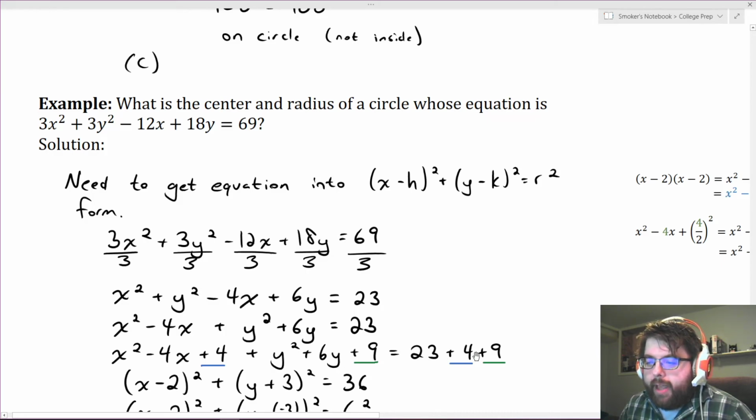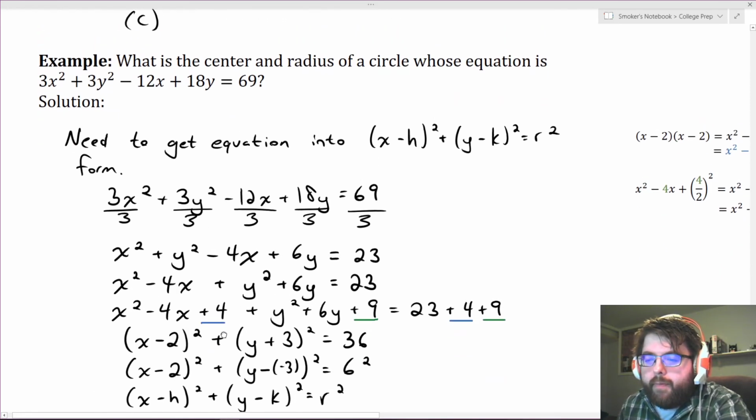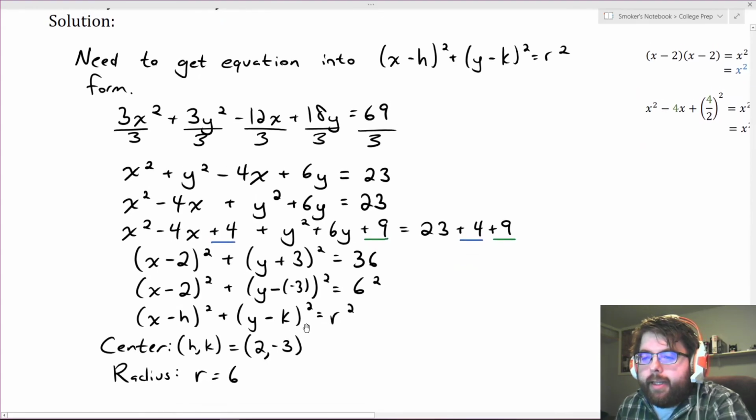Now over on this side, we have to add the 4 and the 9 to this and get 36. And then this is how you rearrange this equation in order to get an equation of the form x minus h squared plus y minus k squared. Now when you have a plus here, remember that's a minus and negative.